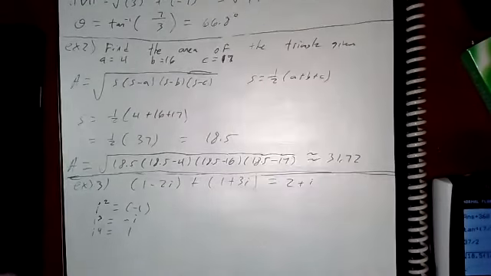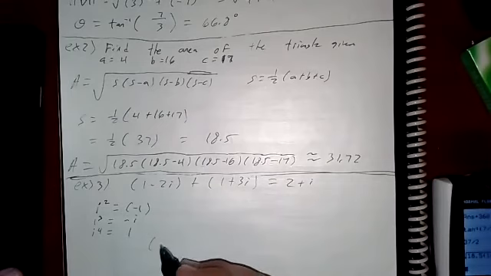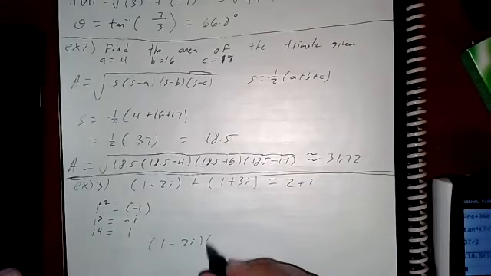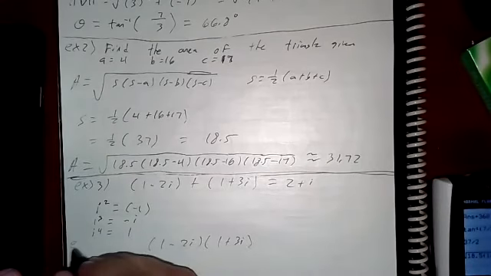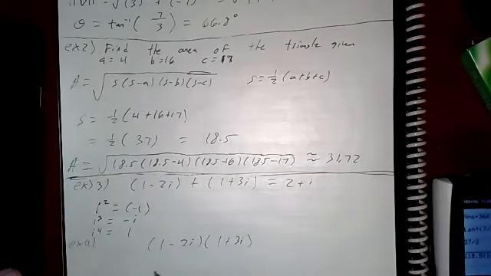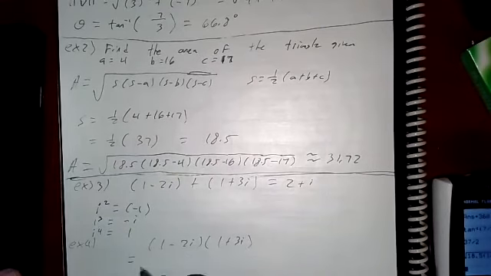The only reason I bring that up is because if you were to multiply something like 1 minus 2i times 1 plus 3i, this would be 1 times 1, 1 times 3, negative 2i times each. This is where it changes.